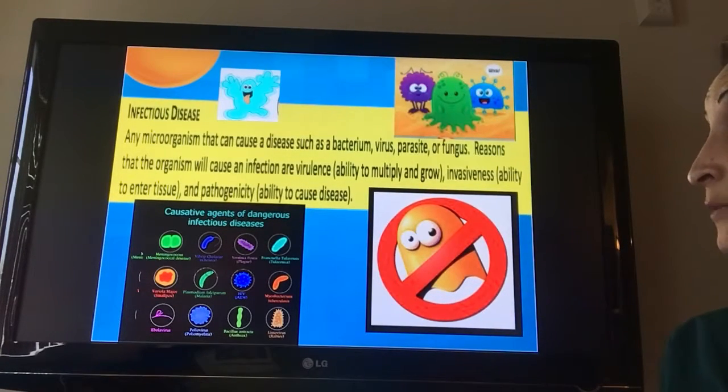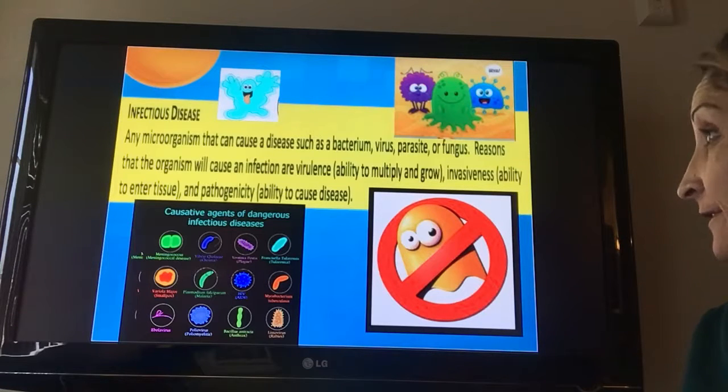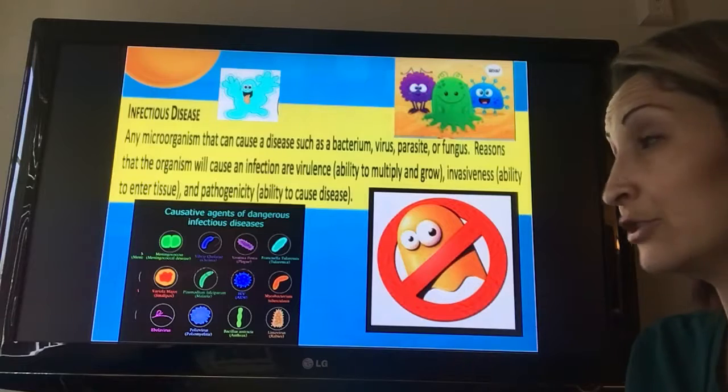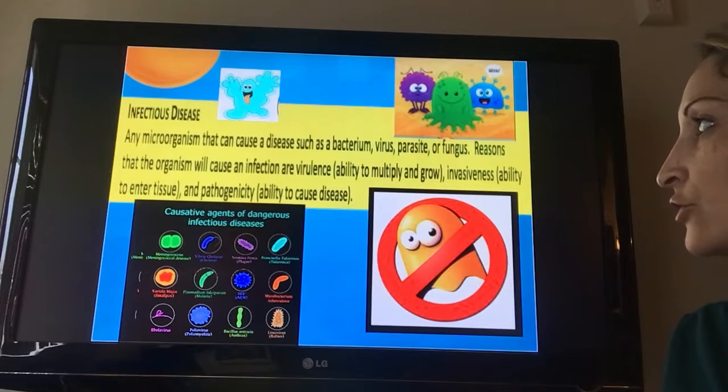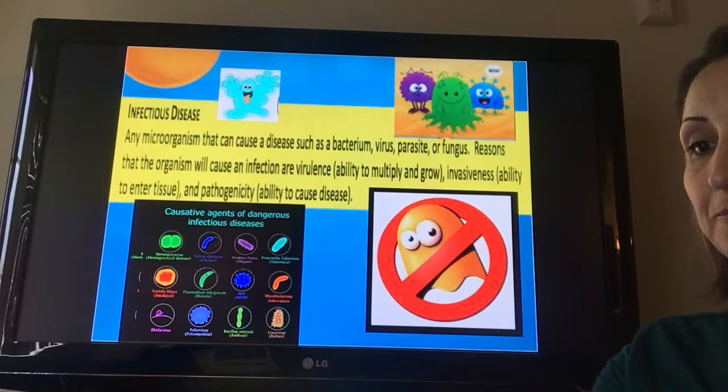Reasons that the organism will cause an infection are virulence, so that's the ability to multiply and grow. Invasiveness, it's the ability to enter that tissue, and pathogenicity is the ability to cause the disease.